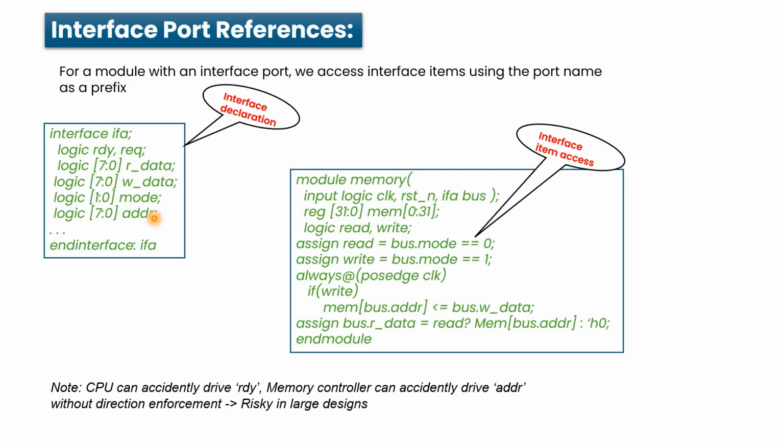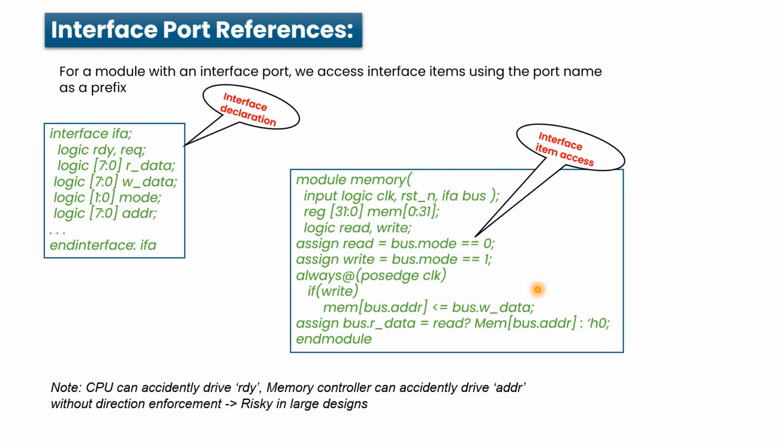If we don't define directions, then the data flow happens properly only by making use of the coding styles in these modules. But suppose while coding the memory, instead of directly using this address, we start driving this address and then the CPU is also driving this address, then there is a functional issue.